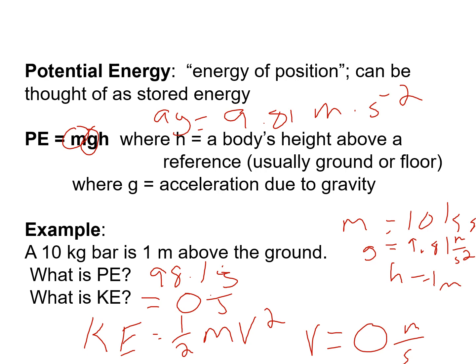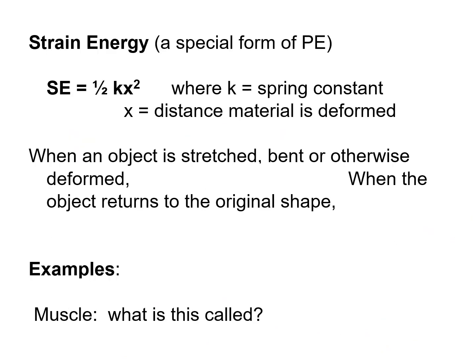Let's keep going on. We'll talk about strain energy. Next, let's look at strain energy. Strain energy is a special form of potential energy, where it's equal to 1/2 of a spring constant times the distance it's been deformed squared.